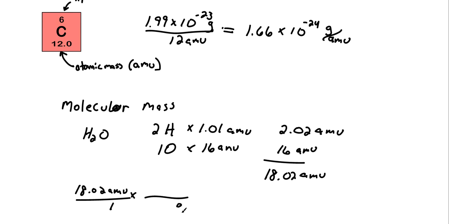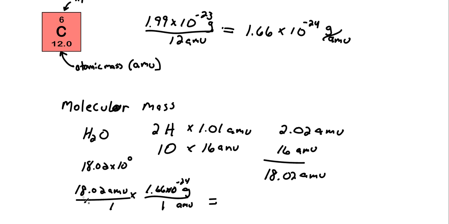AMUs are on the bottom, grams on the top, and we know that 1 AMU is 1.66 times 10 to the negative 24th grams. Using scientific notation, remember 18.02 is the same as 18.02 times 10 to the 0. 10 to the 0 is 1, and anything times 1 is itself.